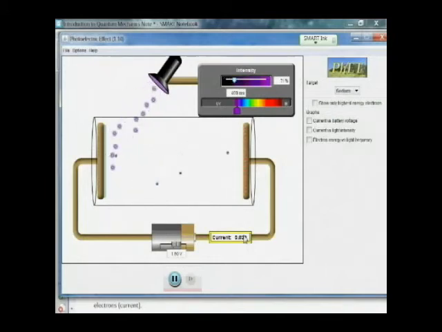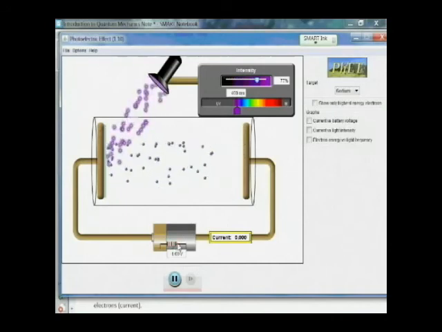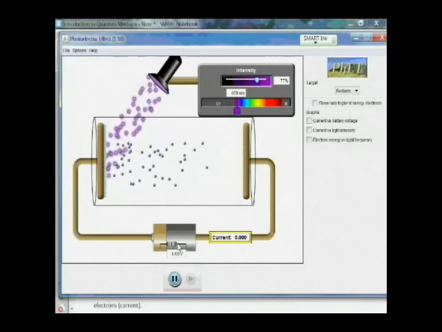So the current is changing by increasing the intensity, but I'm not changing the voltage that it takes to stop the electrons. And that was another thing that broke classical physics. We're going to see, when we go back to the notes, what the predicted versus actual values for the graphs are.